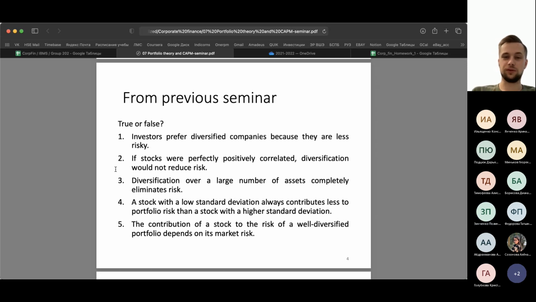Probably the diversification of a company can make the company less risky, but if we compare a portfolio of 100 undiversified companies and a portfolio of one diversified company, it is better to invest in a portfolio of 100 undiversified companies than in one company which is diversified, like, I don't know, Yandex, for example. Yes, if you have a portfolio of one stock, it will still be very risky. Okay, so yes, it's false.